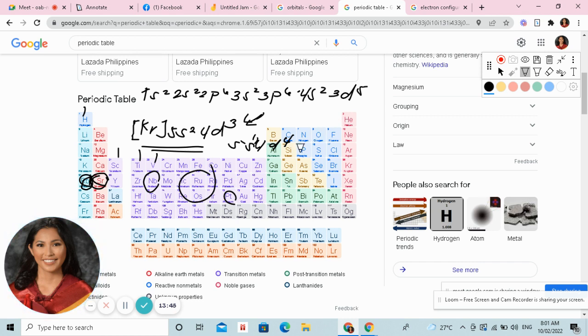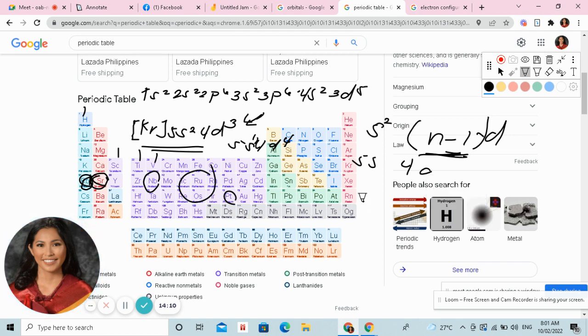Now, but when we go to transition metals, we will include the s orbital, and also the n minus 1 d orbital. So here in this case, if we have 5s, we will include the electrons in the 4d.